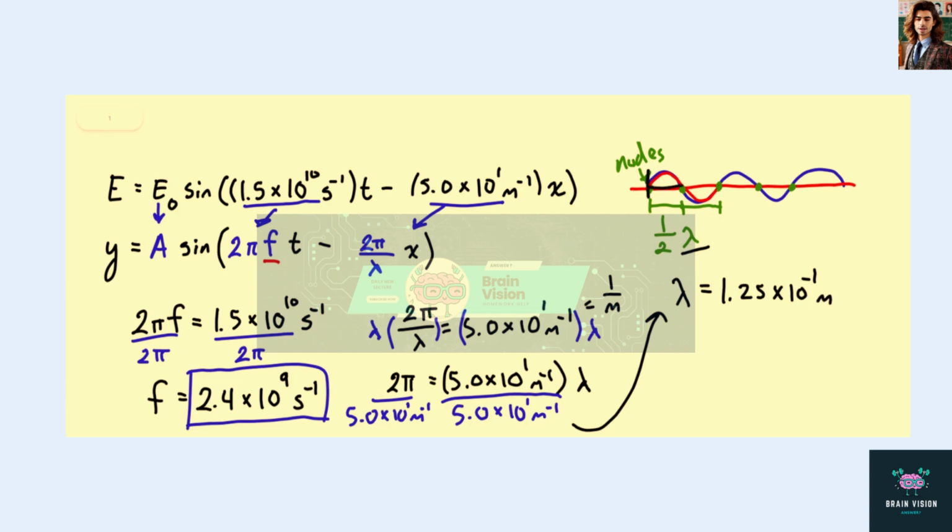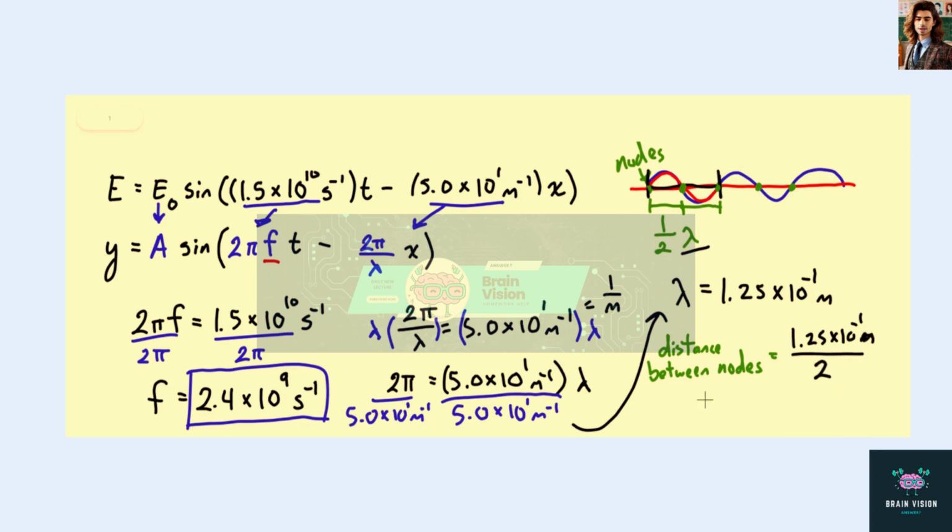Now that's lambda. That's this entire wavelength from here to here. But like we said earlier, the nodes are breaking that wavelength up in half. So all we need to do to find the distance between nodes is to just take lambda, 1.25 times 10 to the minus 1 meters, and divide it by 2.